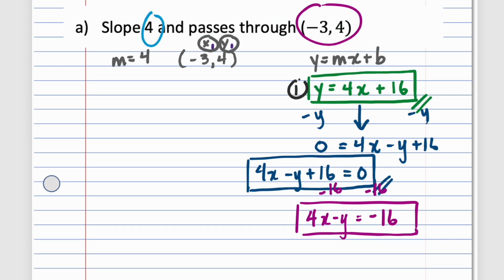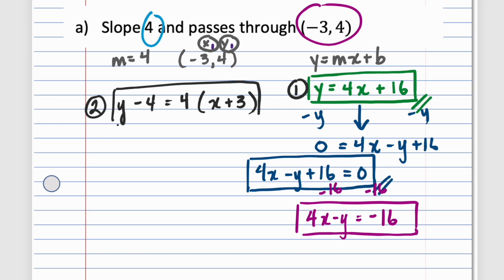We have one form. Do you remember what the second form was? y minus 4 is equal to 4 bracket x plus 3. Point-slope form, general form, and standard form.